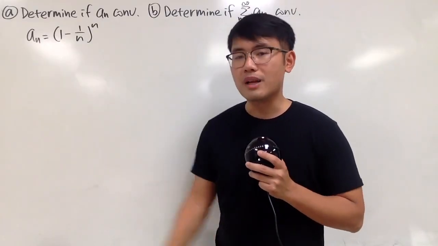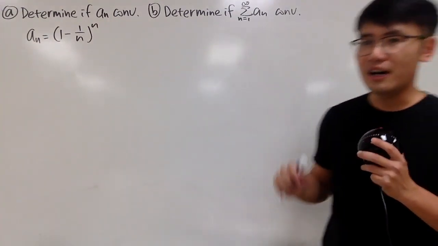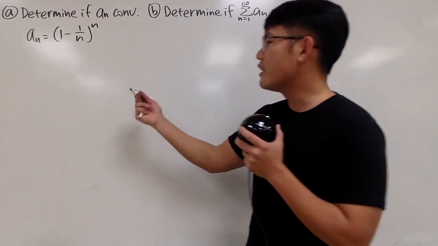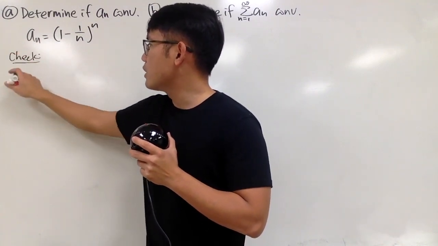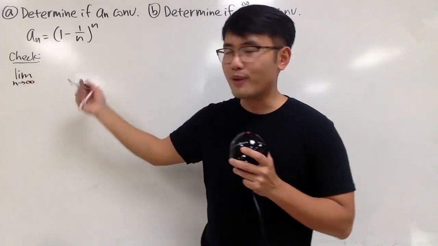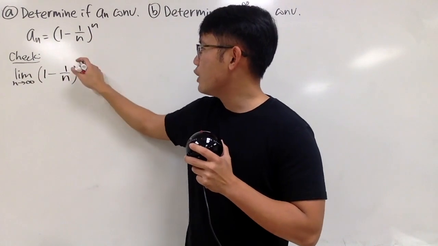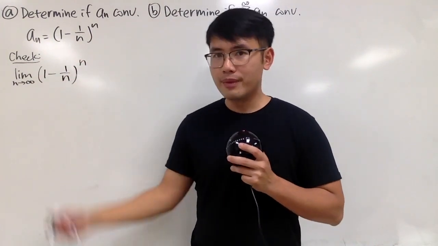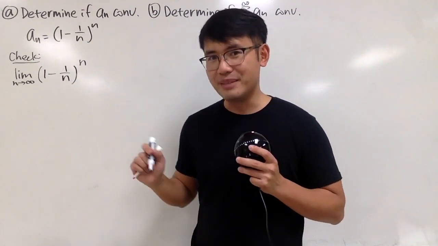Given this an formula, we'll see if the sequence converges or not, and then we'll see if the series of an converges or not. So right here, of course, let's go ahead and check our limit as n goes to infinity. If you look at this right here, we have 1 minus 1 over n raised to the nth power. Of course, we can just use the fact for this limit, right?